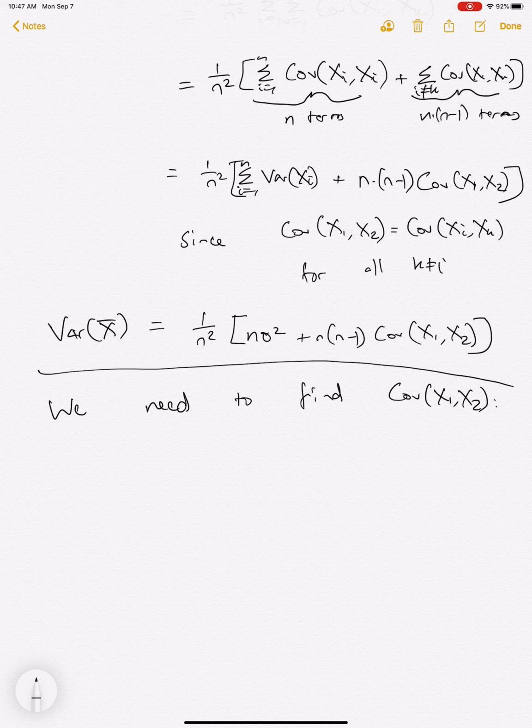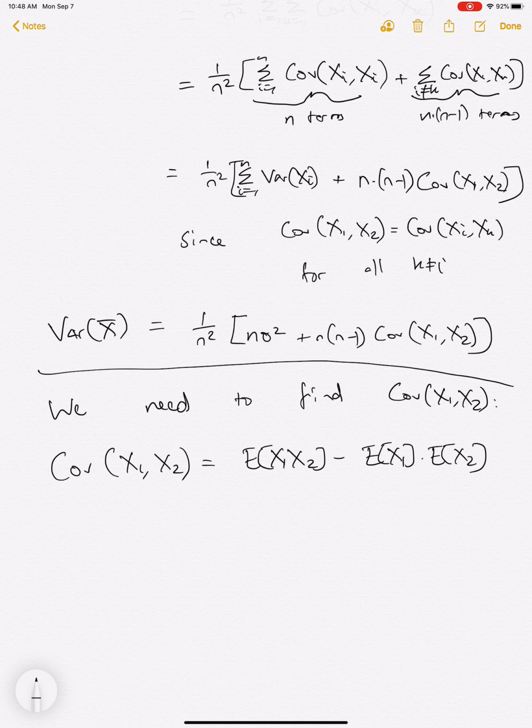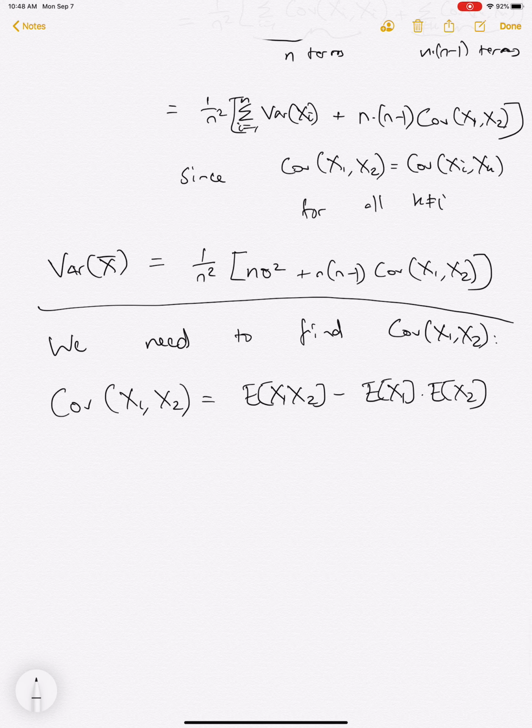To find the covariance of X1, X2, one of the expressions we have is the expectation of X1 X2 minus the expectation of X1 times the expectation of X2. We know that the expectation of X1 and the expectation of X2 are both just mu, so we have mu squared here.